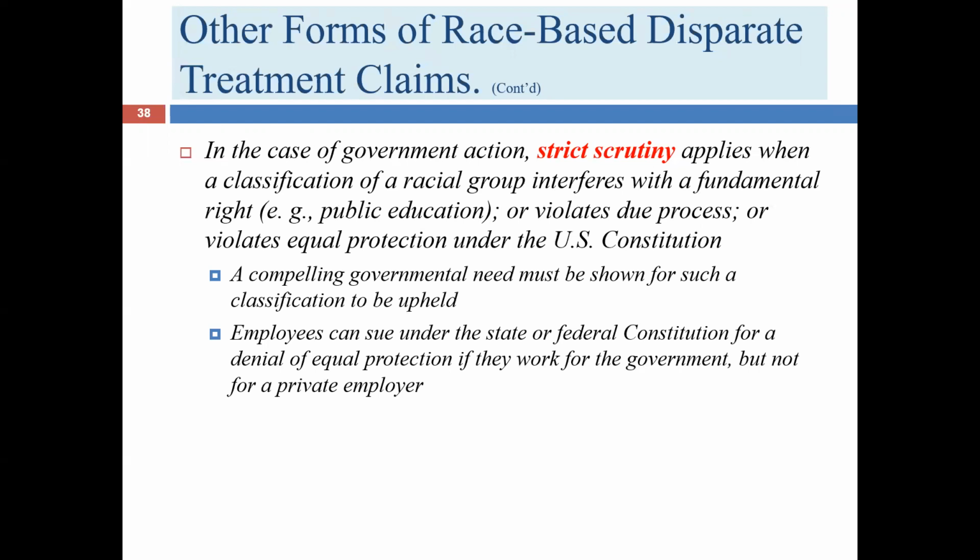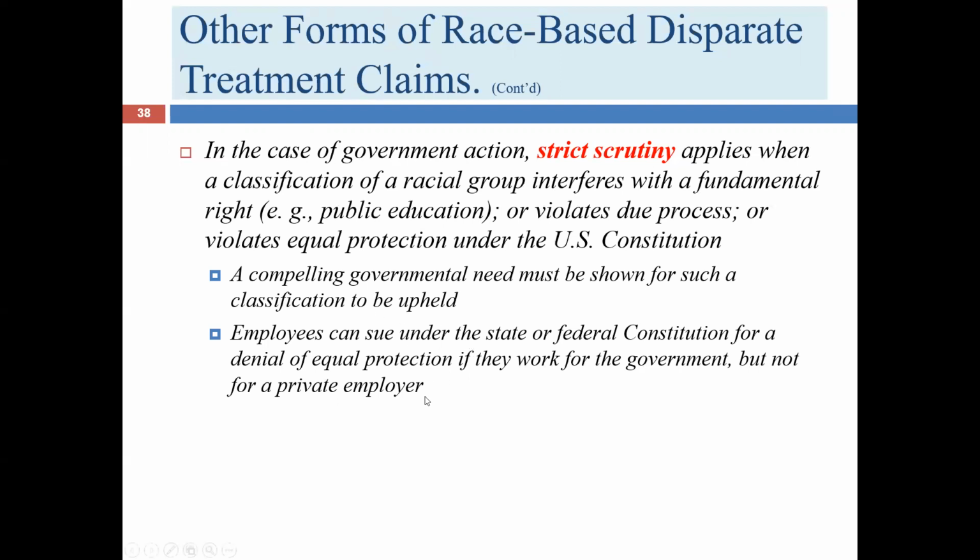Well, the U.S. Supreme Court said, when it's about race, we're going to apply a strict scrutiny standard. In other words, it's going to be very, very hard for the government to persuade us that we need to make distinctions based upon race. It's just very, very difficult for the U.S. Supreme Court to imagine that's ever appropriate. This is what strict scrutiny means.